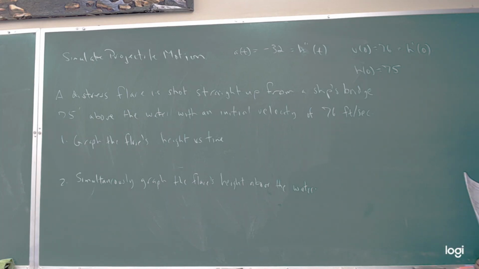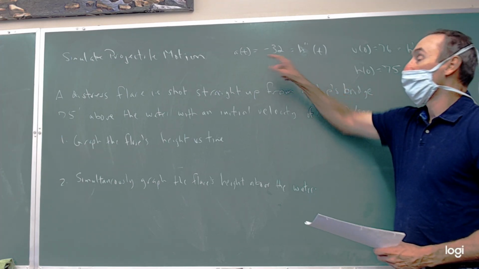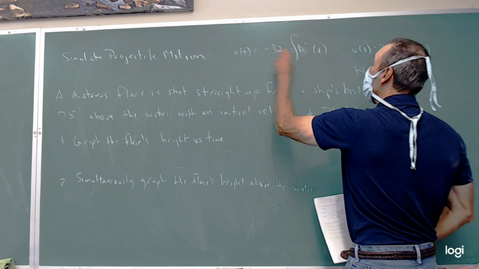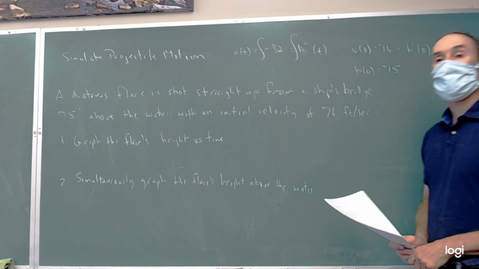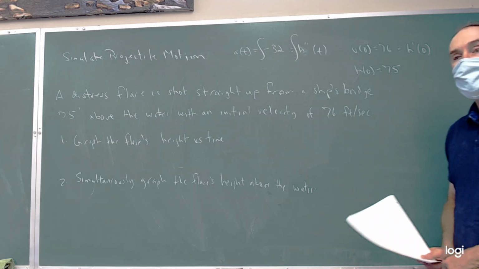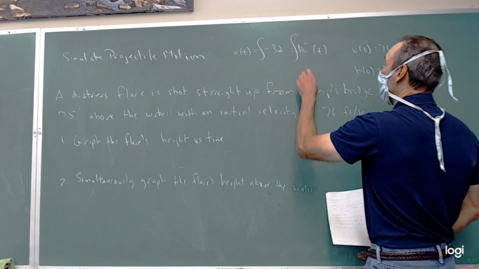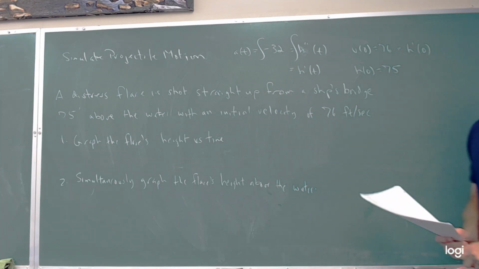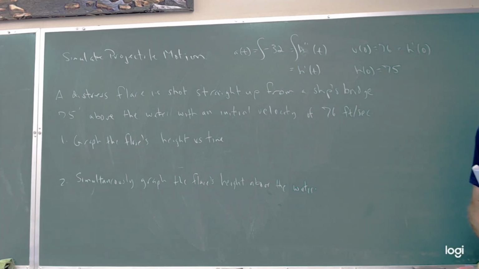Where do we start? So, we'll integrate both sides with respect to t. The integral of h double prime is going to be h prime. Okay, it's been a while. What's the integral of negative 32 with respect to t?